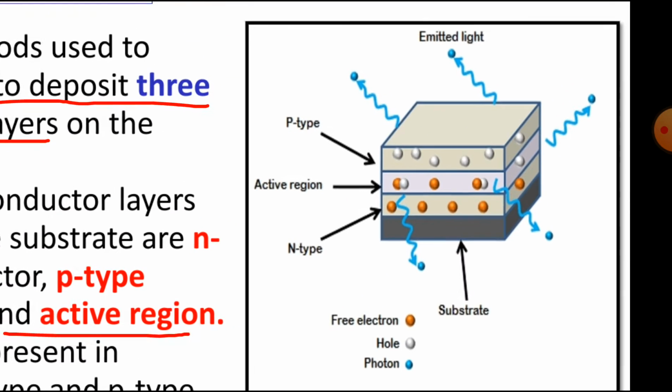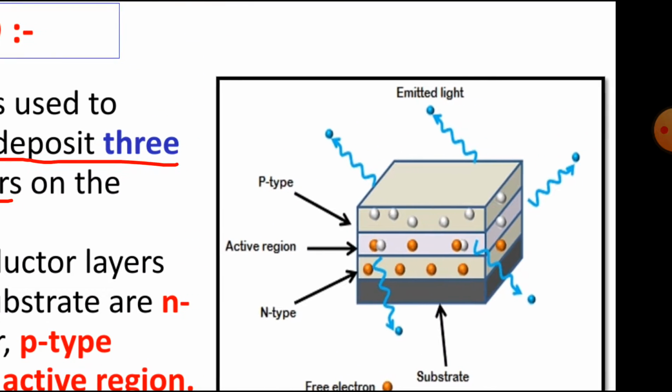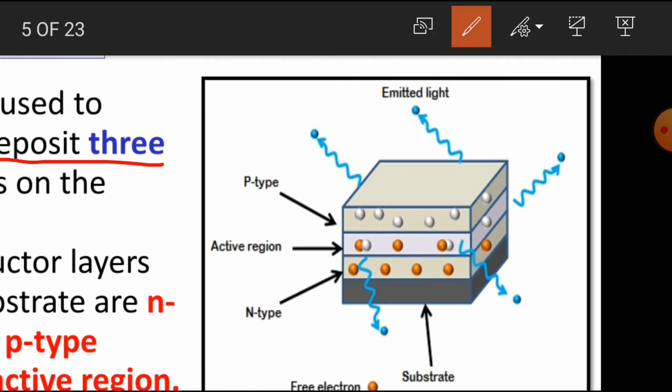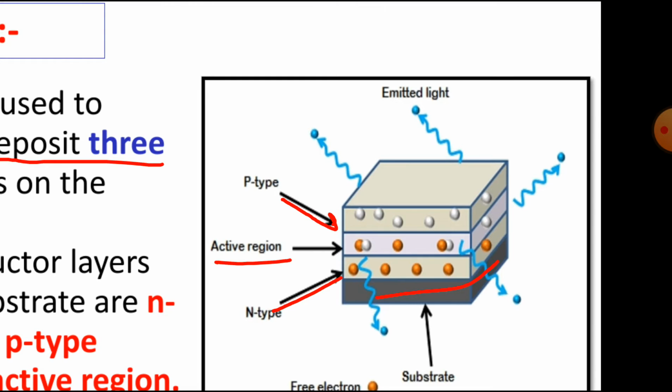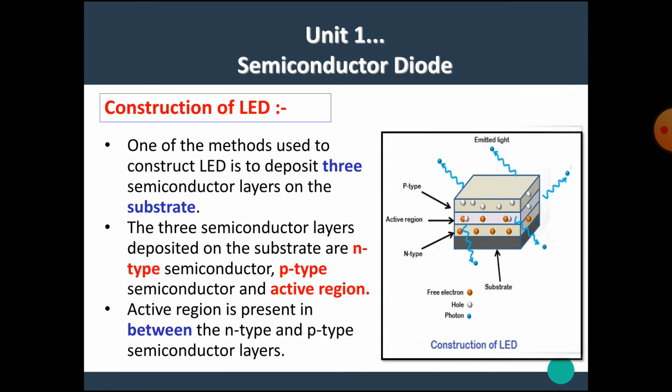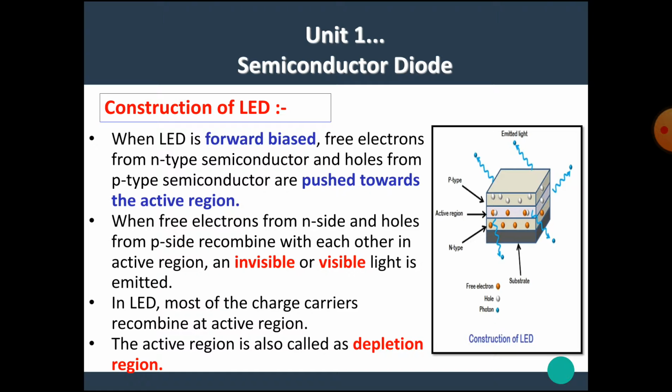The actual construction of the LED is shown here. The substrate is present, and on this substrate the three layers are deposited: the N-type material layer, the P-type material layer, and in between them the active region. I hope you all understand the basic construction of the LED.